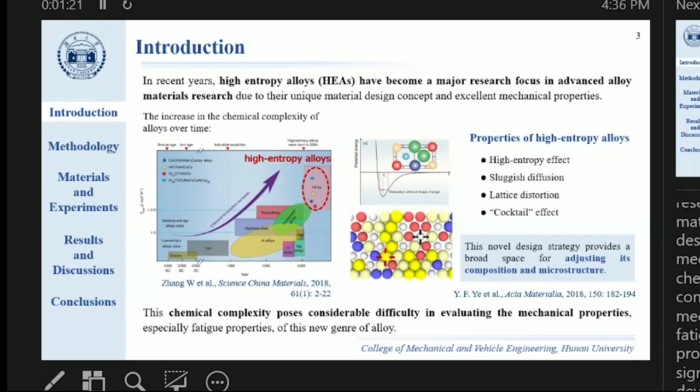As we know, fatigue properties of HEAs vary significantly with elemental ratio. Therefore, developing a fast and feasible evaluation method has become a key research issue.